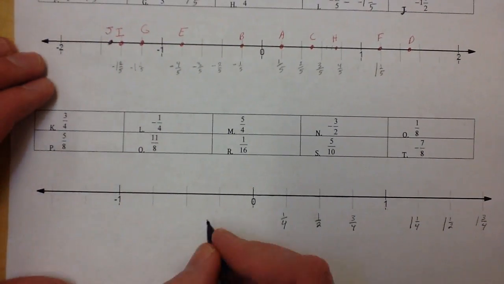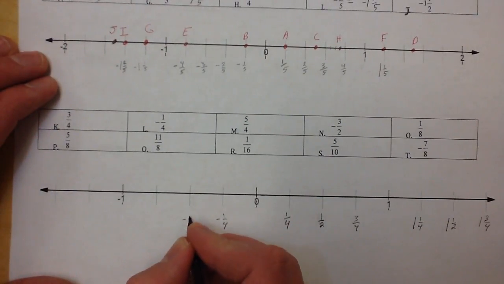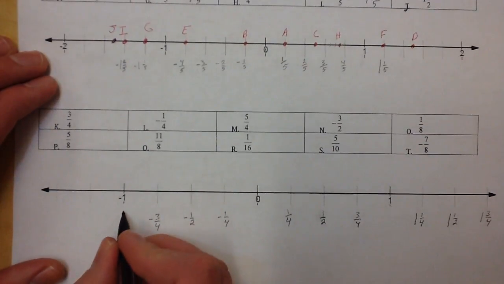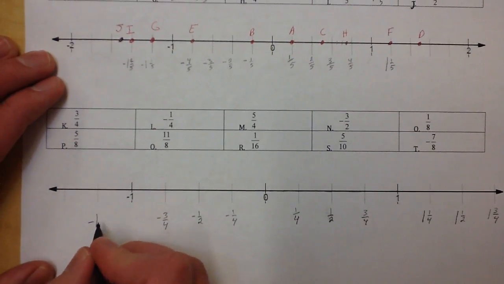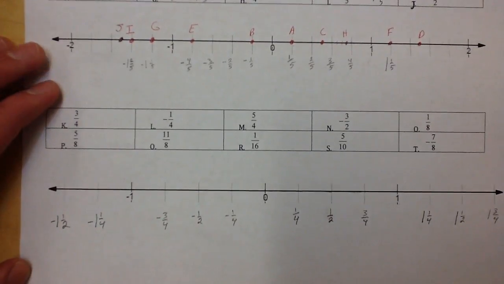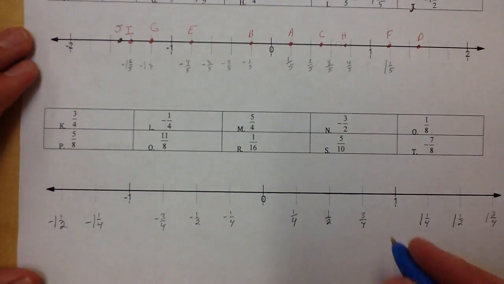Let's go backwards. -1/4, -1/2, -3/4, -1, -1 1/4, -1 1/2. That's all the room we have. Let's put these dots down. Okay, 3/4 is point K.